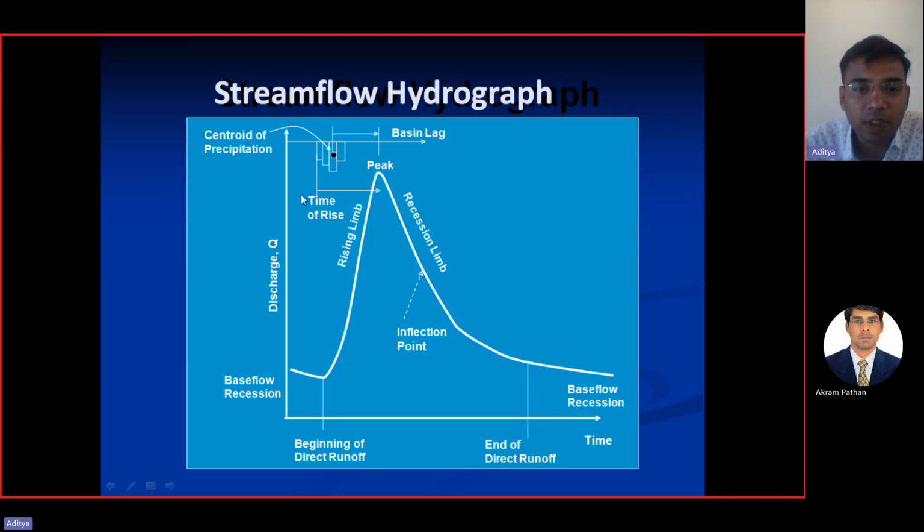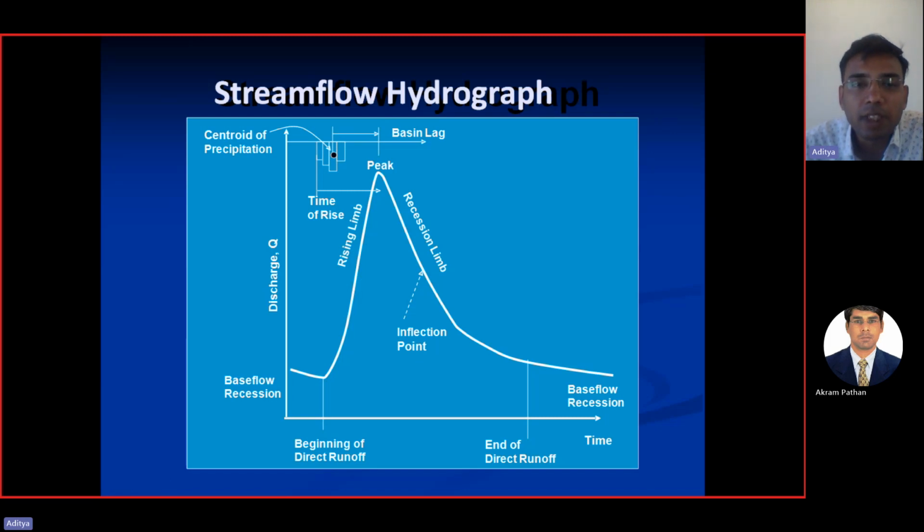Once rainfall starts, some water gets infiltrated, so the curve will not rise directly from here. At the beginning, some amount of water gets infiltrated. Once it reaches its maximum capacity, water slowly starts flowing over the surface, so your curve slowly rises, which is the rising limb.